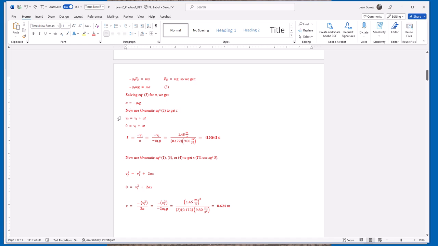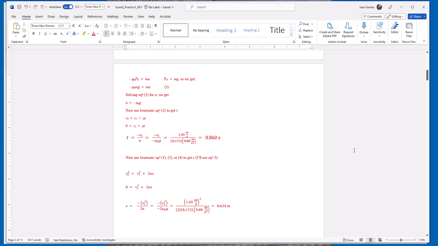I know Vi and I know Vf. I know A from when I solved equation 3. The only unknown in this equation is t. So, basic algebra, Vf equals Vi plus At. Vf is 0, so I get 0 equals Vi plus At.